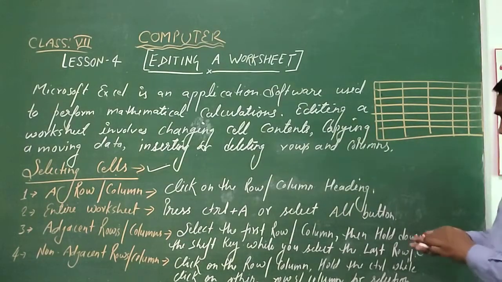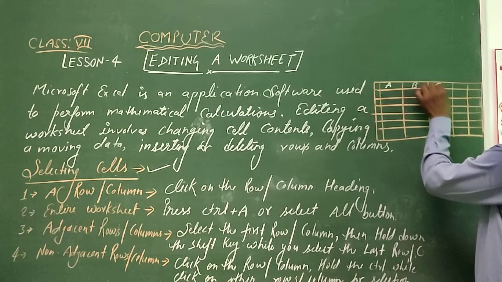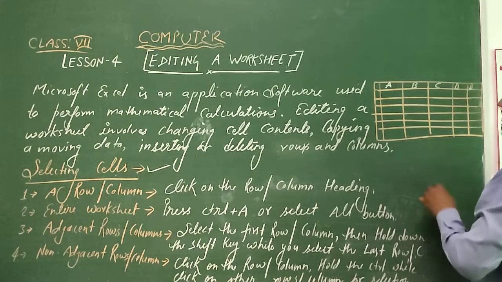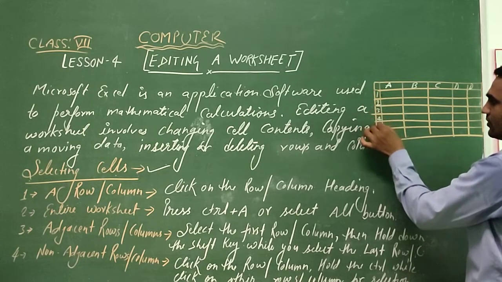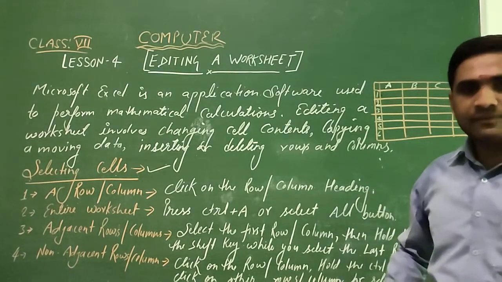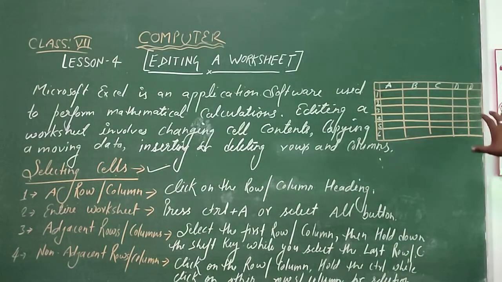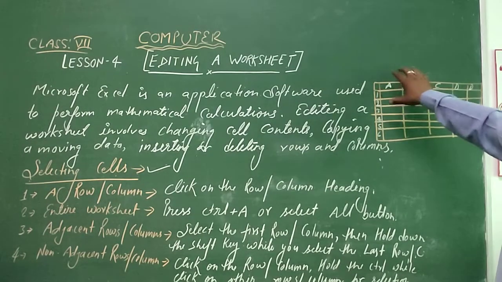Fine. So we all know at the top this is A, B, C and D like this. We can see here 1, 2, 3, 4, 5, 6 and so on. Right? And we all know the Excel sheet is displayed in a tabular format, and the sheet is divided into a number of cells, in a tabular format.